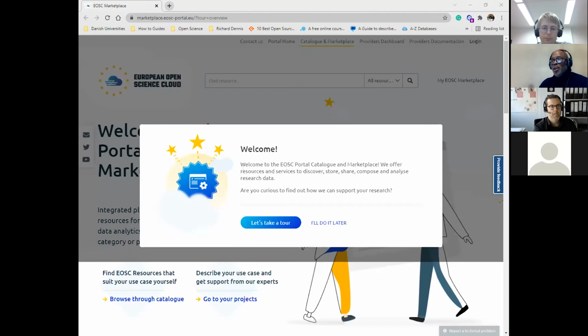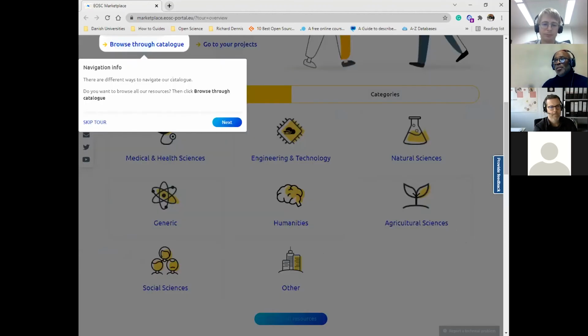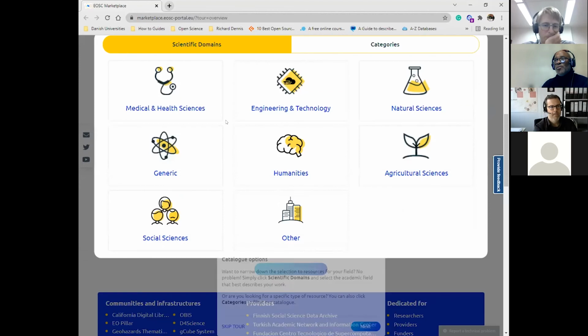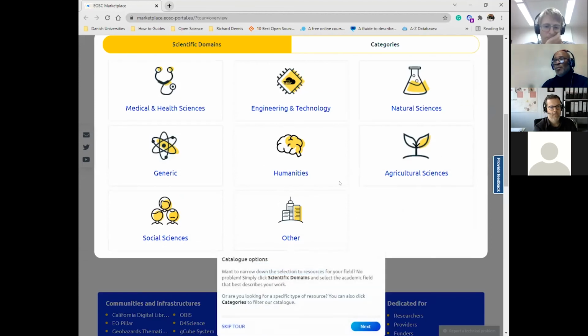As you can see here, this is the welcome page. We will browse through the catalogs, and you can see here the various scientific domains: medical and health services, engineering and technology services.